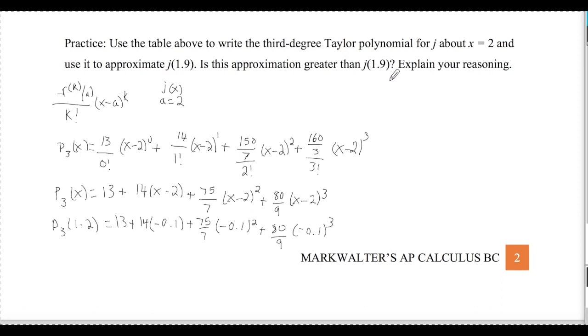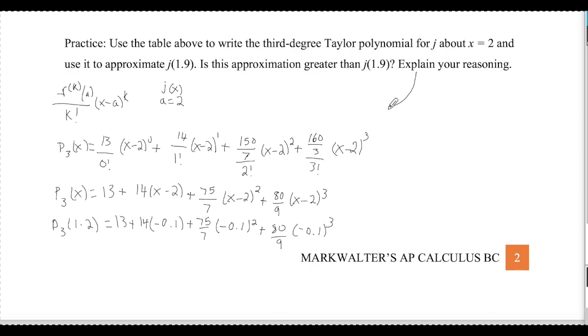Is this approximation greater than j of 1.9? Here's our approximation. Well, what do we know about all the derivatives? We know, again, all the derivatives of j are increasing, increasing, increasing. And so if the actual j function is increasing like that and we stop here, we're going to keep undershooting it, because this derivative is actually increasing, so we're not getting all the things that we should.